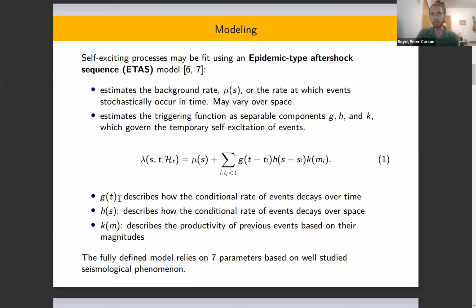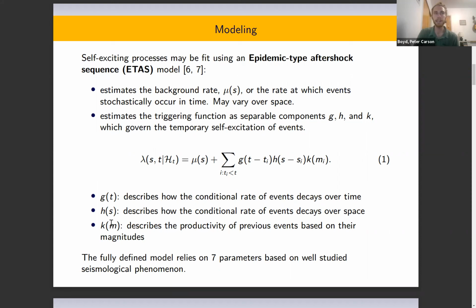So g is a function of time, and it will then describe how likely we are to see this event that just occurred to trigger more events in maybe an hour or a day or a week. Similarly, h is a function of space, and it will then describe how likely this event is to trigger an additional aftershock, maybe in the nearby towns of Salem or Eugene or Portland.